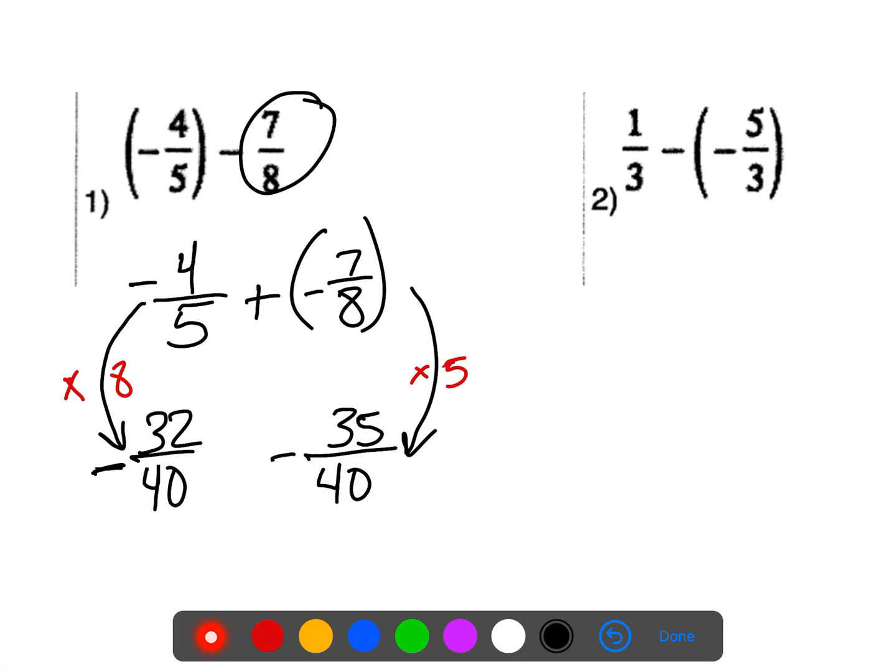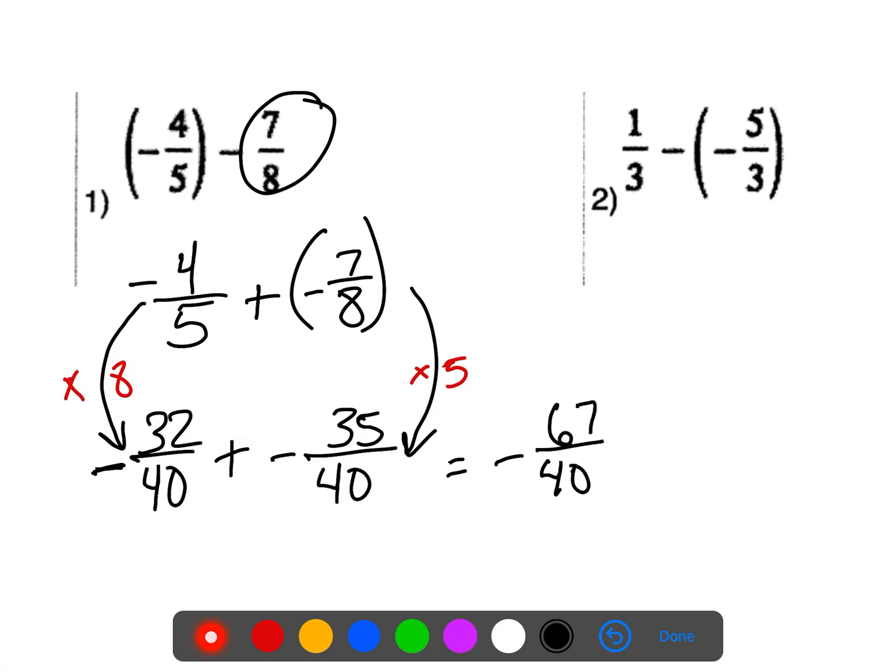Now again, that is still going to remain negative, and we're adding these two negative quantities together. So we're just going to get more of a negative amount. Now all we do with these, not like multiplying where we multiply numerators and denominators, here we're going to keep our denominator, which is going to be 40, and we're going to add up our numerators to get 67.